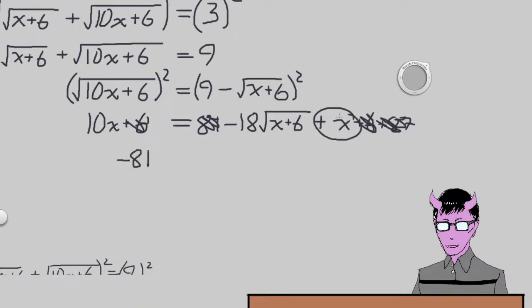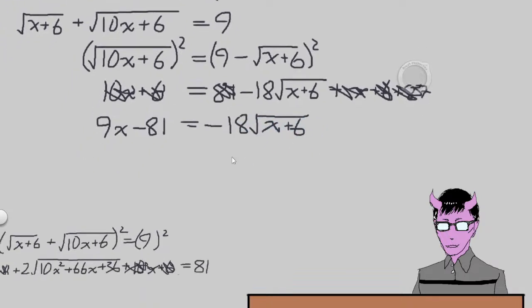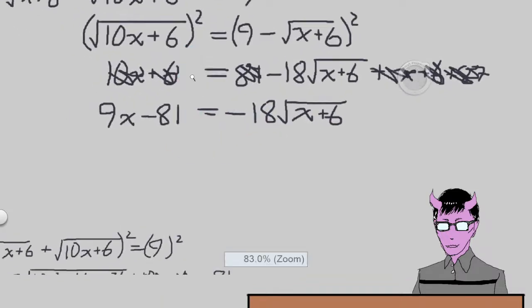And then we're going to subtract this x from both sides, so minus x, and then minus x. Okay, copy paste the leftover, so we have negative 18 root x plus 6, and the numbers look a lot nicer now. So lesson learned, I guess.